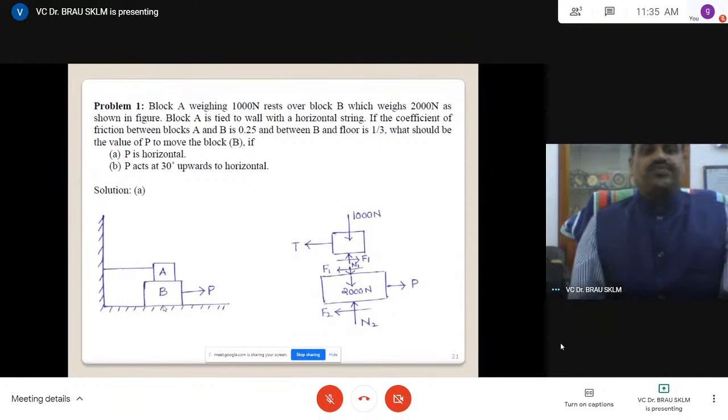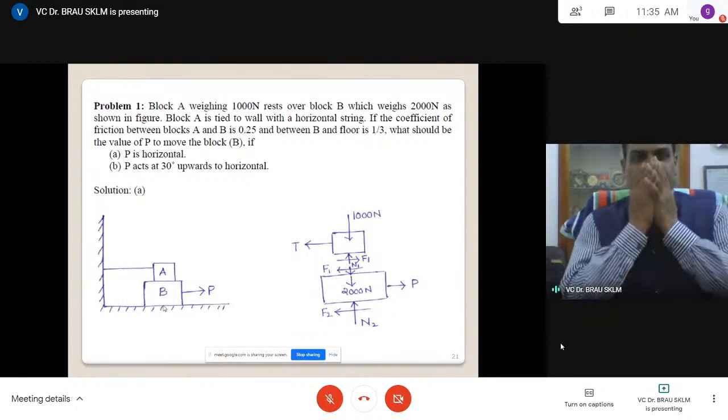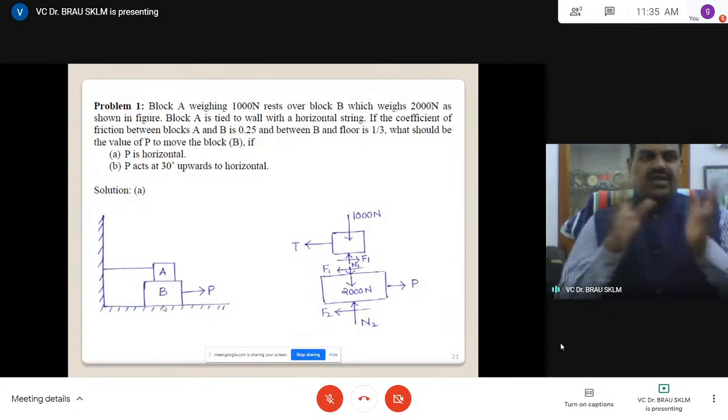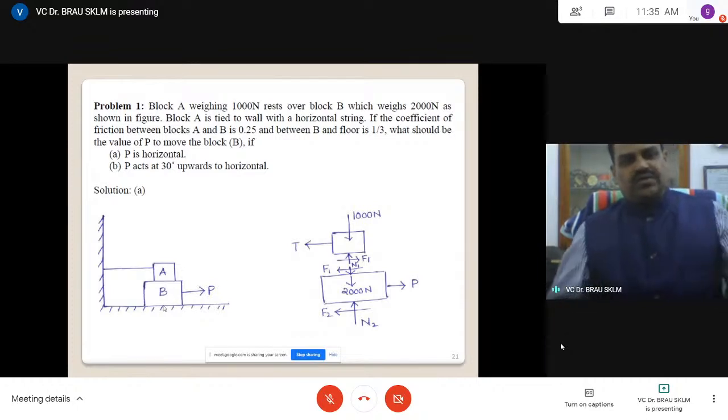Two cases are given. Now for every problem what we have to do is represent the force system by drawing a free body diagram and represent all the forces. Now we can see the right side.